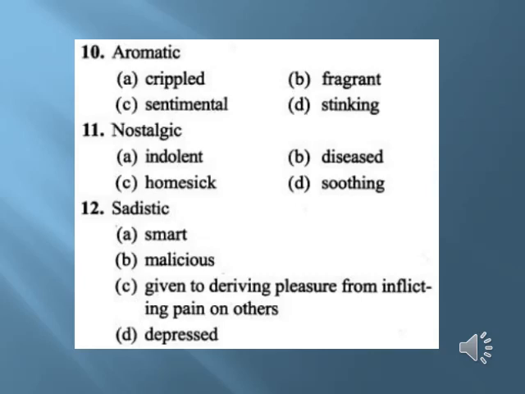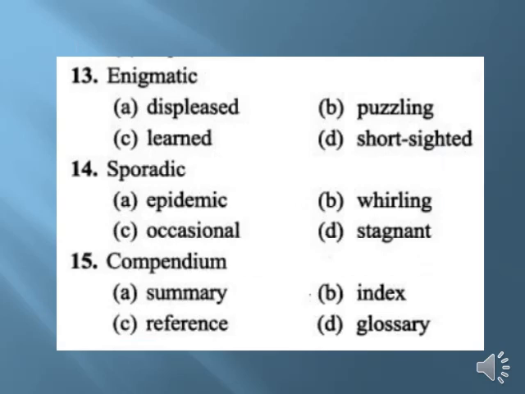Sadistic: smart, malicious, given to deriving pleasure from inflicting pain on others. Depraised: enigmatic, displaced, puzzling, learned, short-sighted. Sporadic: epidemic, whirling, occasional, stagnant. Compendium: summary, index, reference, glossary.